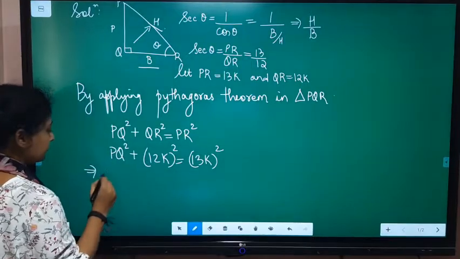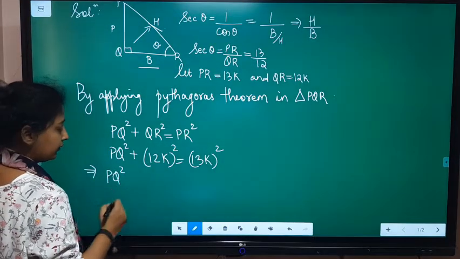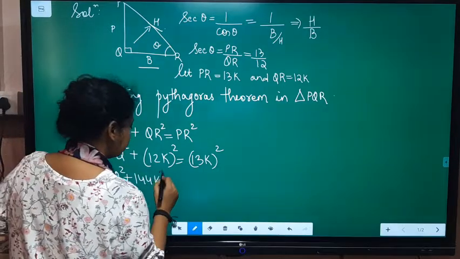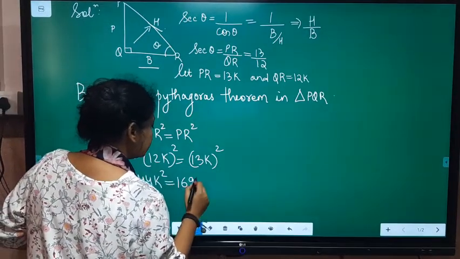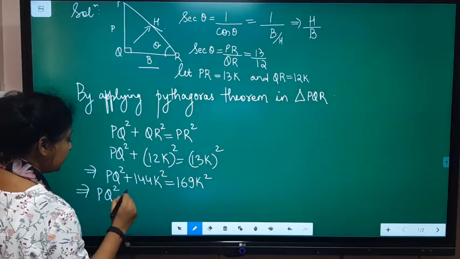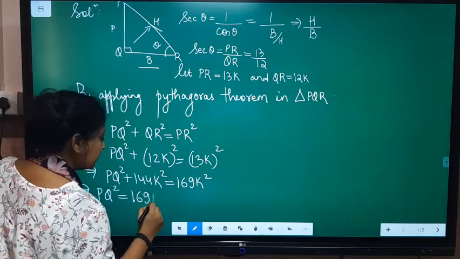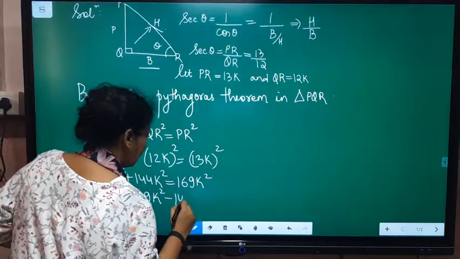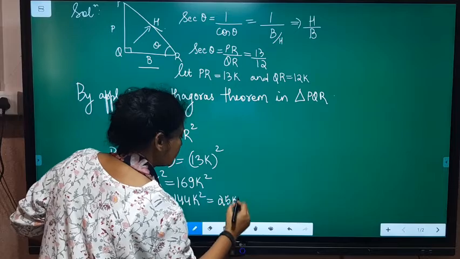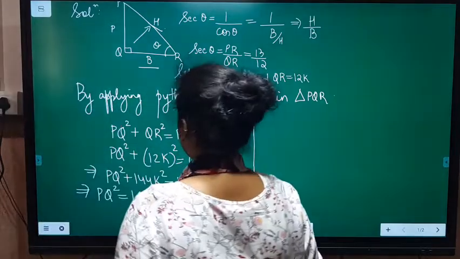This gives us PQ square plus 144K square equals 169K square. On solving this, we get the value of PQ square as 169K square minus 144K square, which is equal to 25K square.